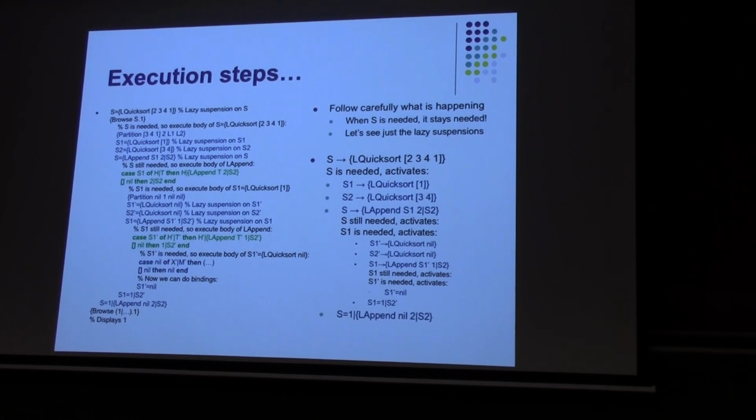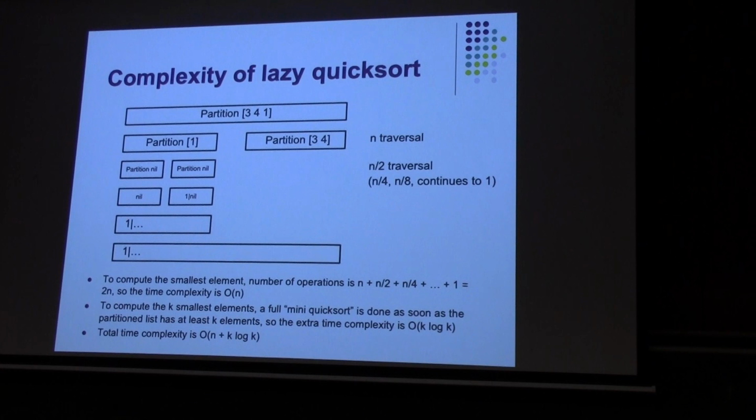Okay? Now, what is the complexity of this beast? We can compute it. I don't want to be too formal about this. What is the time complexity of lazy quicksort now? So here's just a simple example. 3, 4, 1. I partition, I get 2 lists here, on the left and on the right.